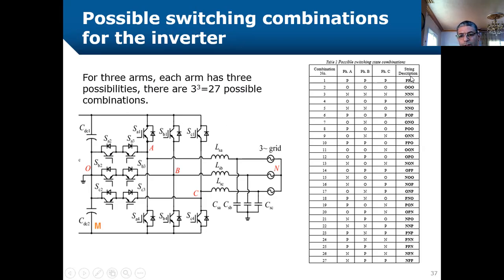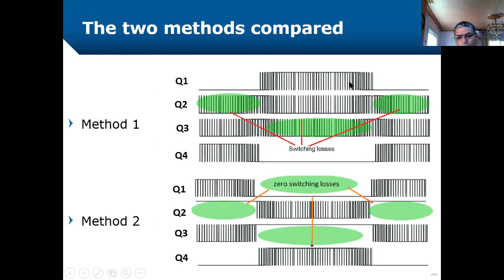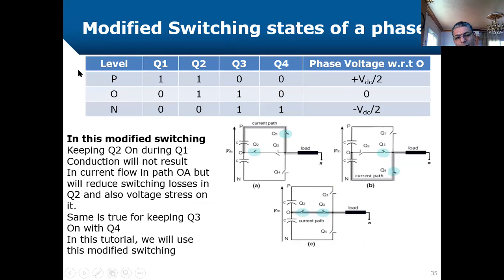We can put these combinations in a table like this. These are 27 states, and these are the designations given to each state. For phase A, phase B, phase C, the letter describing the conduction state is given here. Recall that this letter corresponds to a definite conduction state for each of the 4 switches.